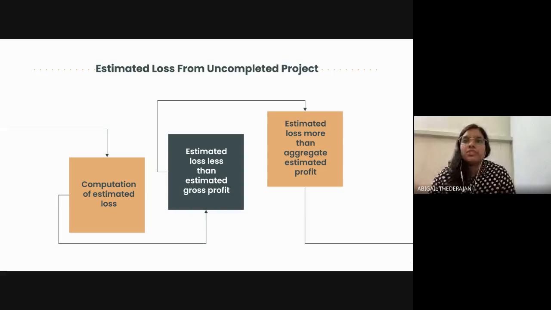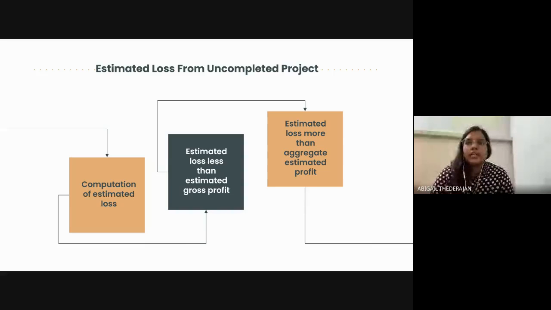The next one is the estimated loss is less than the estimated gross profit. When the estimated loss is less than the estimated gross profit, the difference is the gross income for the developers. Let's say developer Jaya Grocer comes up with three phases of apartment in Shah Alam.